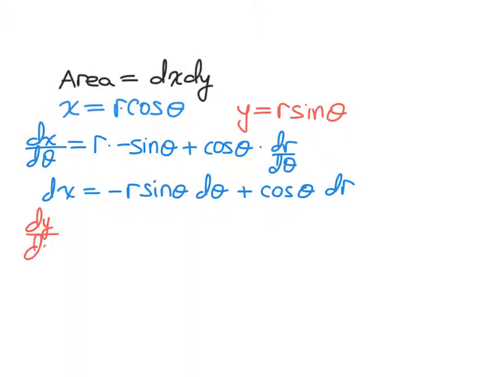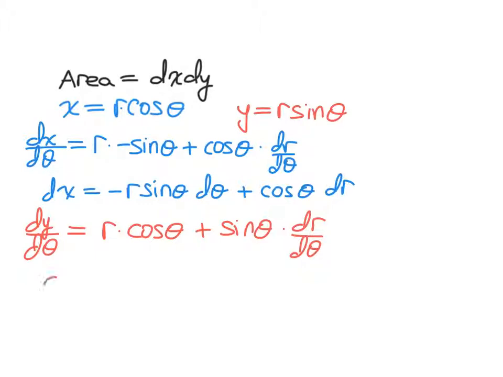So dy d theta: r times cosine theta, first times derivative of the second, plus the second, sine theta, times the derivative of the first, which would be dr d theta. And again, clean it up and multiply everything by d theta.